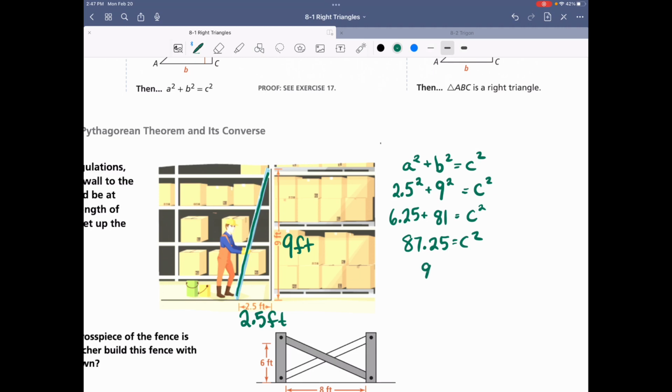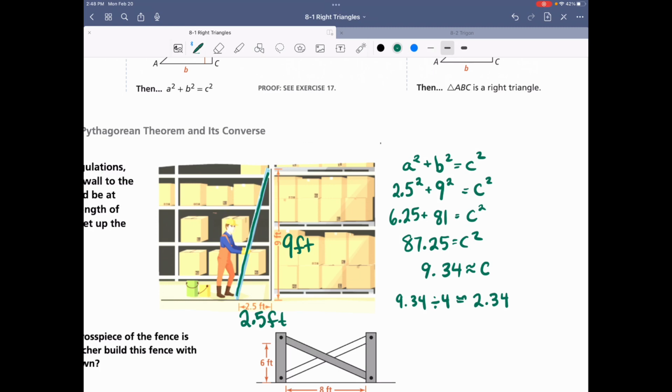approximately 9.34 is approximately equal to c. So is 2.5 at least 1/4 of that? So to figure out what it is as 1/4, I'll divide it by 4. And I get 2.34 approximately.